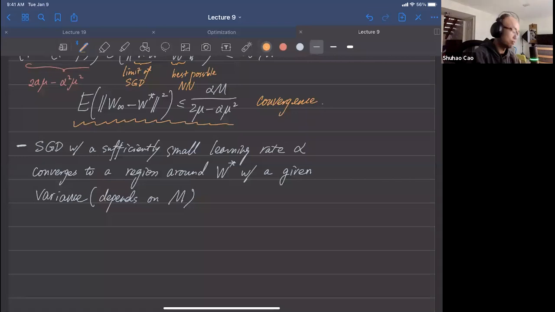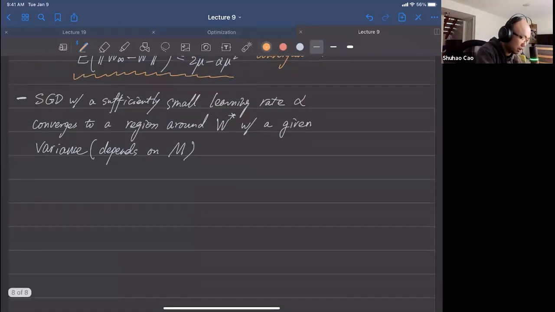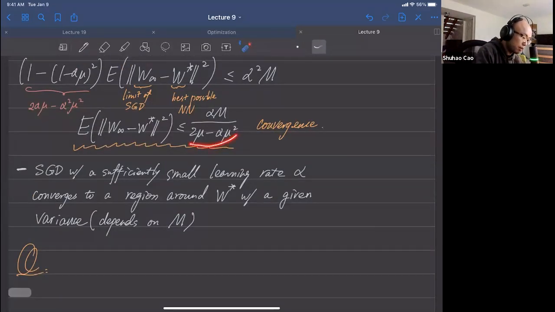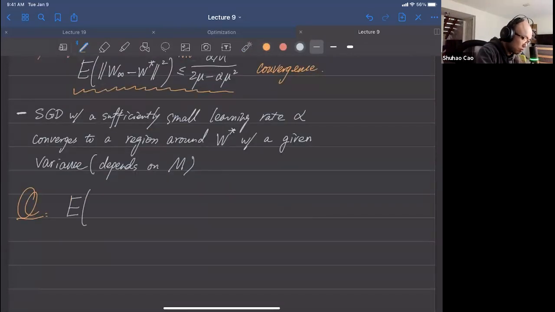And moreover, it's natural to ask the following question. We'll try to answer that on Monday. So for example, if we look at the convergence, it converges to a region around the minimum.